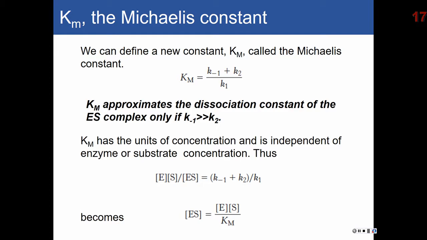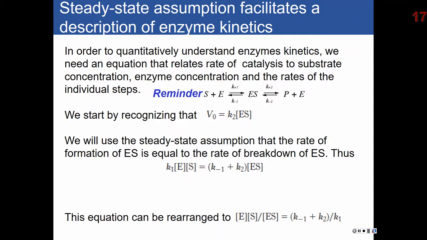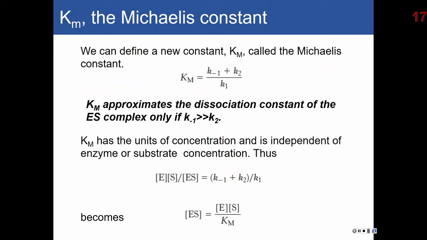So when it's much, much greater, remember that K minus 1 is going backwards and K2 is going forwards. So if K minus 1 is much, much greater than K2, then that means that we're going to break apart this transition state. So we're going to dissociate it. So in that case, Km is approximately the dissociation constant.